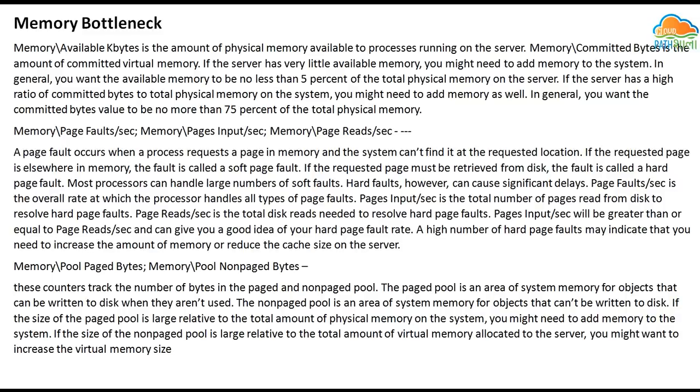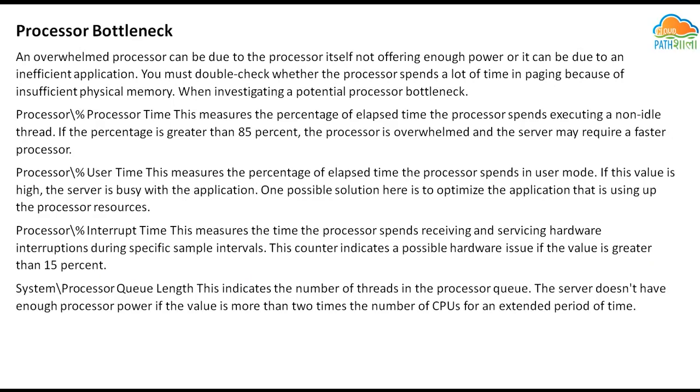Okay, so in the next slide we will talk about processor bottlenecks. When we say processor, there are a few counters which we can read. I would recommend going with Processor Time, the counter that measures the percentage of elapsed time the processor spends executing a non-idle thread.